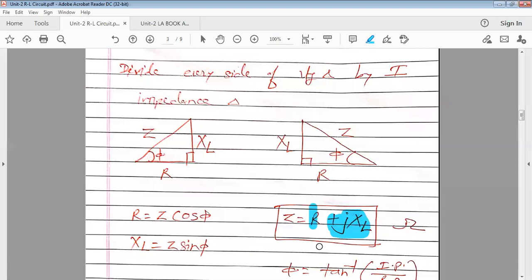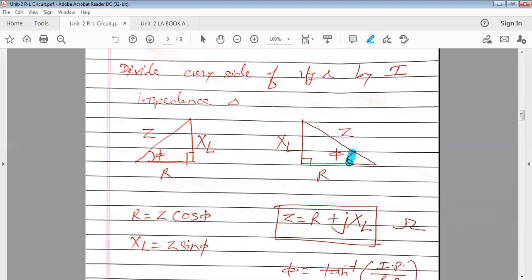Now, in the impedance triangle again, can you tell me, taking cos phi and sin phi, what will be the formula of R? Z cos phi. Correct. And what will cos phi be?